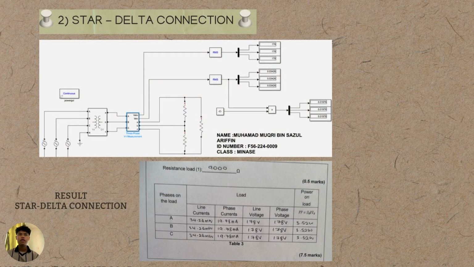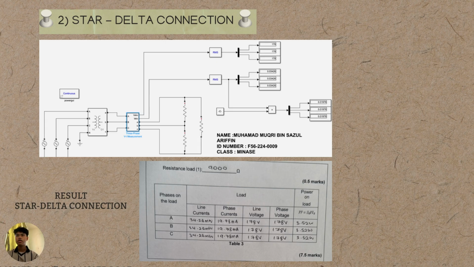And lastly, star to delta connection. After completing the delta star connection test, we proceeded to investigate the star to delta transformer connection. This type of connection is commonly used in generator systems or in industrial applications where a step up voltage transformation is required.